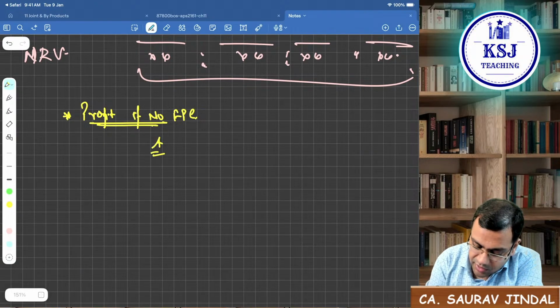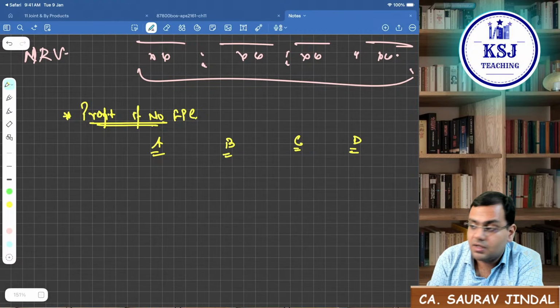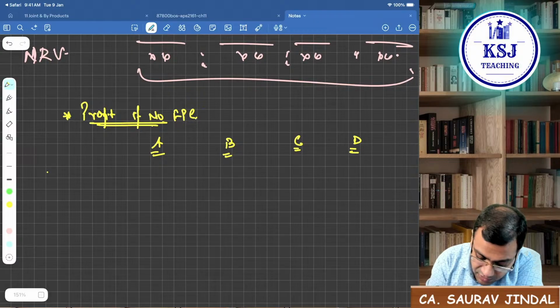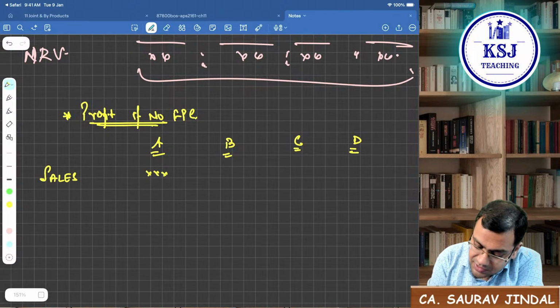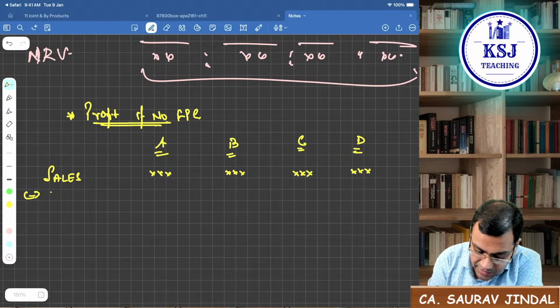There are 4 products A, B, C and D. Sales will be given to you. From the sales, what will you subtract? There is no FPC, so you will just subtract the share in the joint cost.